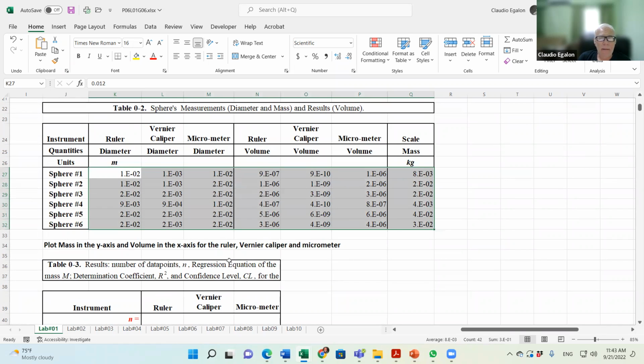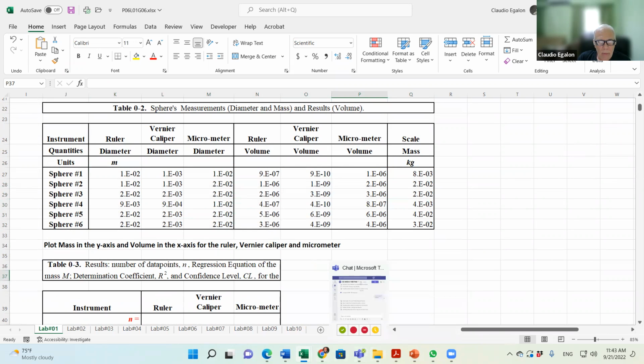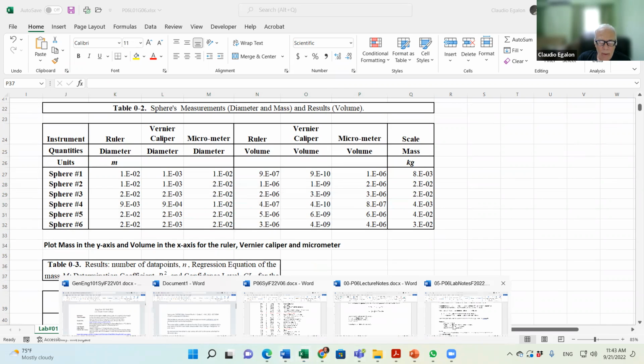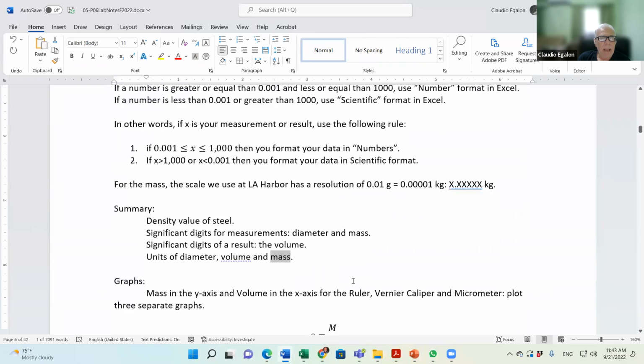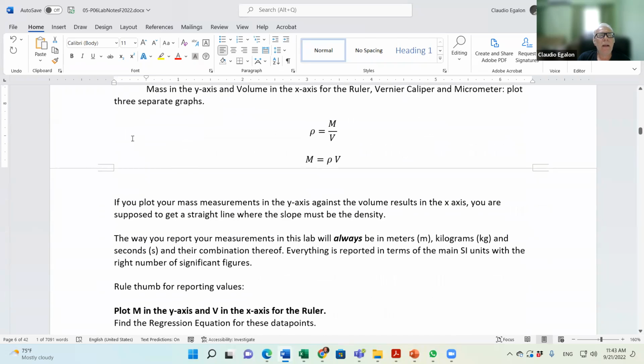One way to do that, the better way of doing it because it uses statistical ideas, okay, is by referring to the equation that you see right here for the mass and the volumes. You see that here? That's the relation for the density. The density is mass divided by volume.